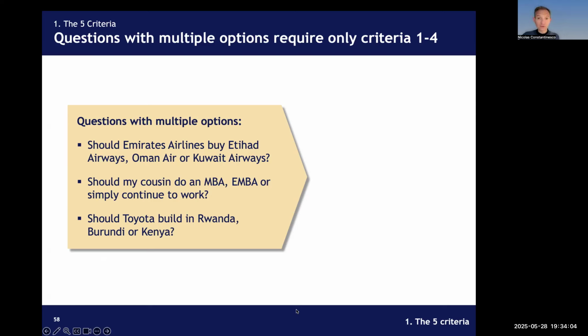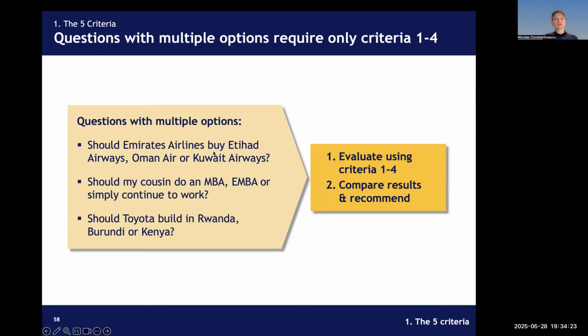Then basically I'm going to evaluate each of the options against the same sets of criteria. But this time I don't even have to use criteria number 5, which is the alternatives, because the alternatives are already in the question. So it becomes even simpler. Just criteria 1 through 4. That's simple.